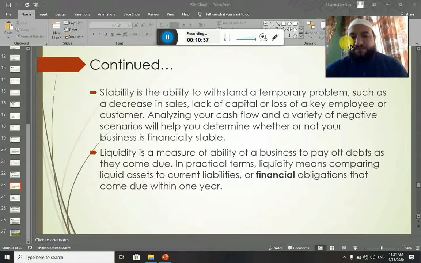So for example, if you see nowadays, it has been more than a month now that there is a lockdown, right, due to COVID-19. So now if any business in these days could survive, we say that this business is stable, because nobody knew that this would happen.